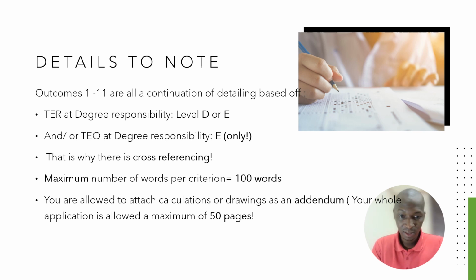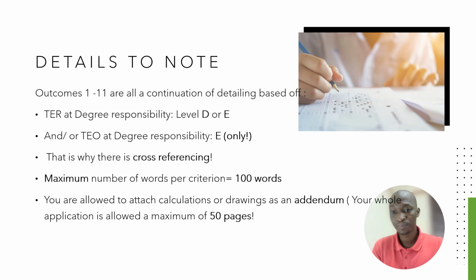Also note that the maximum number of words per criterion is 100 words. So you have the chance to write the details that you were not able to put on the training and experience report, here for a maximum of 100 words.